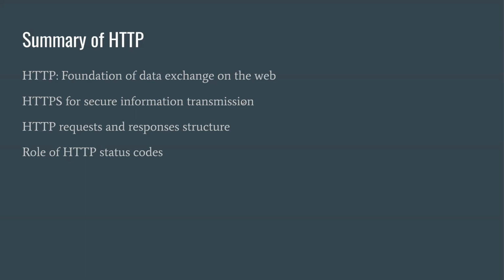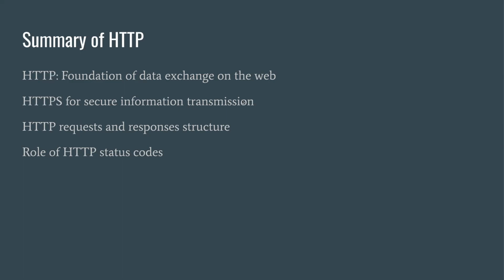As a conclusion, to summarize, HTTP is the foundational protocol for data exchange on the web, and it is essential for the functioning of any web client and server. And by using HTTPS, we make sure that we are exchanging information securely.